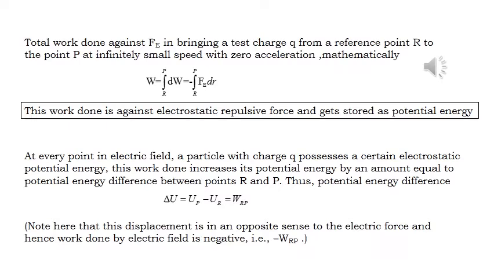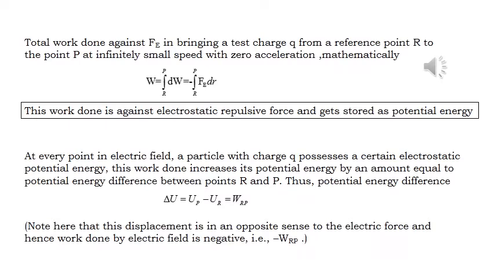That amount equals delta U. The increase in potential energy, or change in potential energy delta U, is defined as the difference between the potential energy of q at two different positions, P and R. So delta U equals UP, the potential energy of the test charge at the point P, minus UR, the potential energy of the test charge at the reference point. So the difference equals W RP.